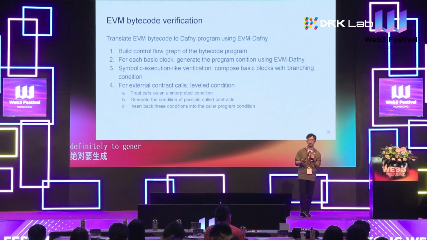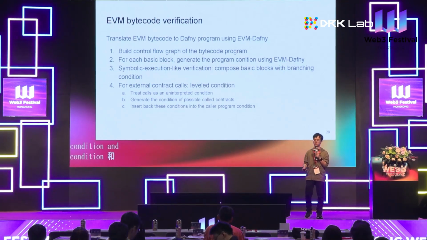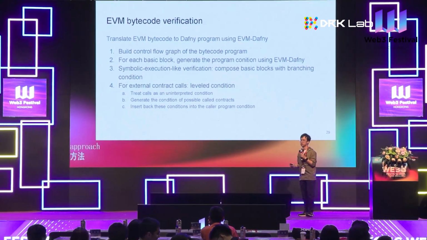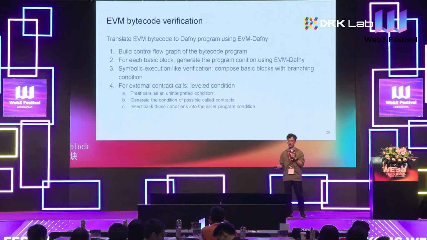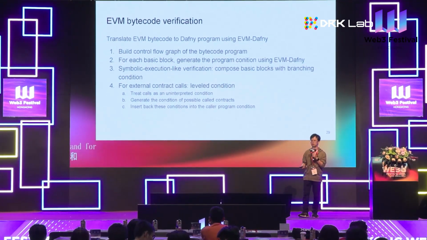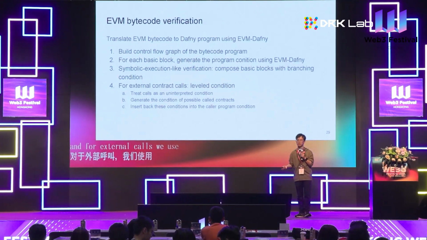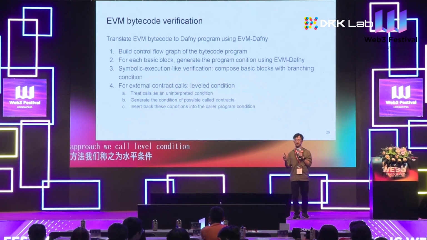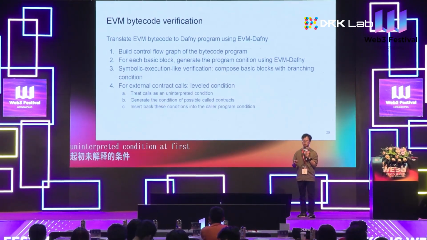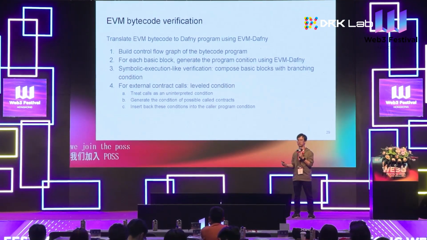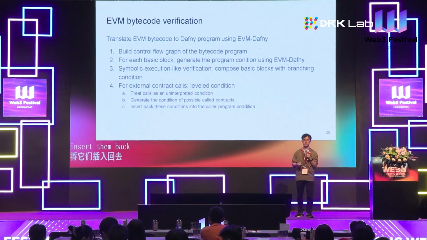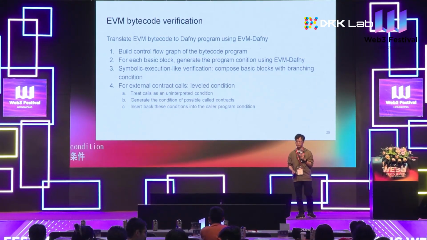We use a symbolic execution-like verification approach, which composes those basic block conditions with branching conditions to represent the program. For external calls, we use an approach we call call-level condition, where we treat calls as an uninterpreted condition at first, and we generate conditions of possible called contracts, and we insert them back to create the condition of the entire contract.